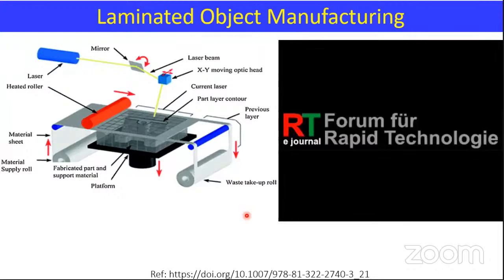So that comes under liquid, powder, and then this laminated object manufacturing process. For this, the starting material is a sheet, which is more like a solid, and the process is easily understandable from this video.